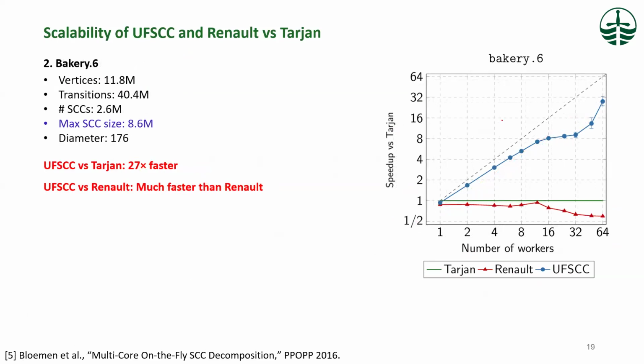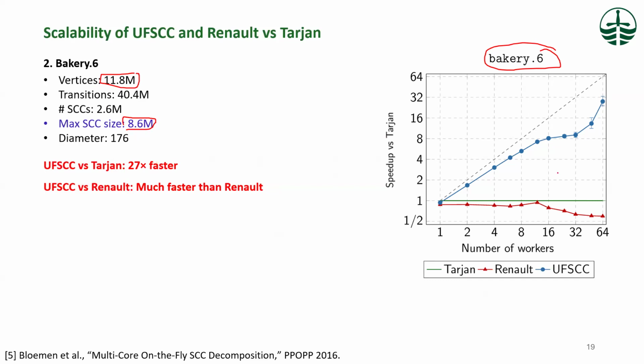Okay. So the next one is the bakery graph. This one has the feature that its maximum SCC size is 8.6 million. So that means when we have 11.8 million nodes or vertices, it has an 8.6 million size SCC. So it has a huge SCC.